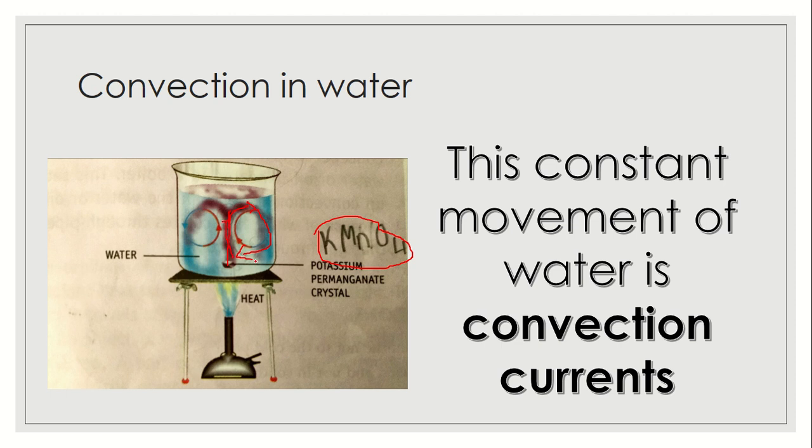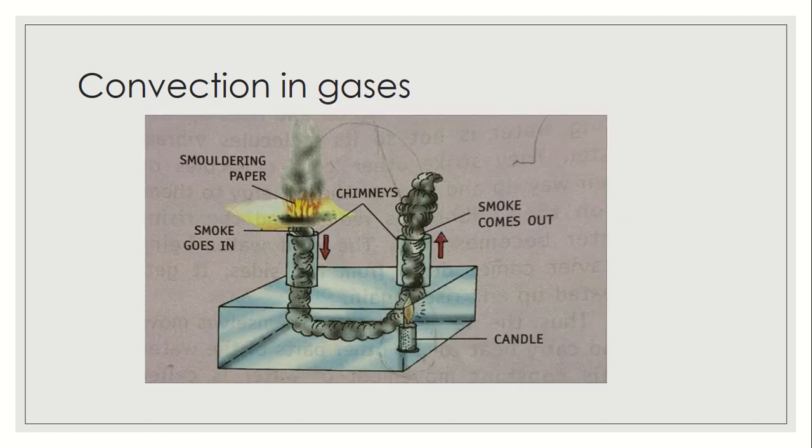The same process keeps happening until the heat is being supplied to the beaker. This constant movement of water is called convection currents. So basically we can say that when molecules of gas or liquid themselves move to carry heat, it is convection currents.